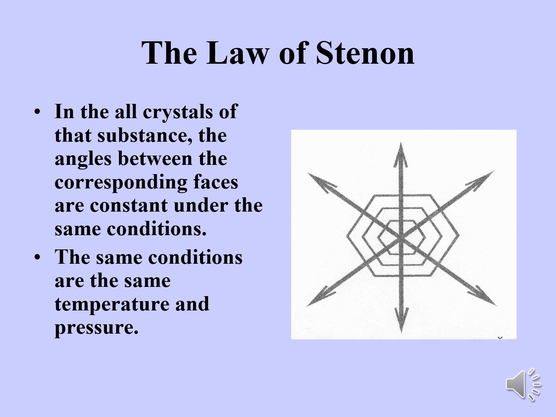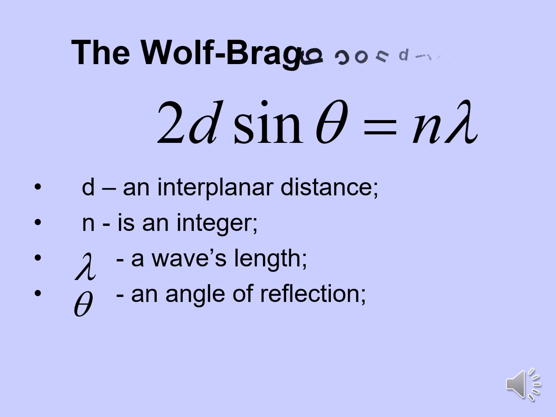And the next law of crystallography, the Wulff-Bragg condition. Before the discovery of X-ray diffraction, all crystals were characterized and distinguished from each other only by the angles between the faces.